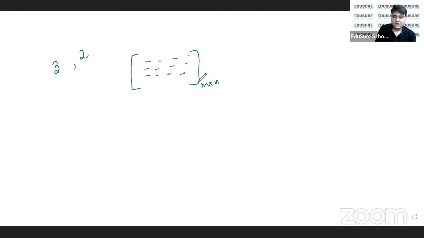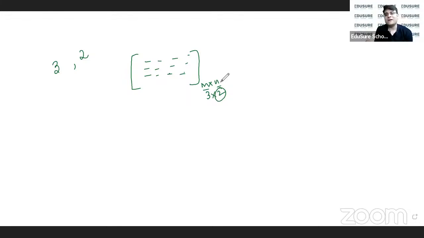Now, supposing the m and n is there, supposing this is 3 cross 2. Okay. So the maximum number of independent rows and columns can be maximum 2, because the number of columns can't be more than 2. So the number of independent columns hence cannot be more than 2.